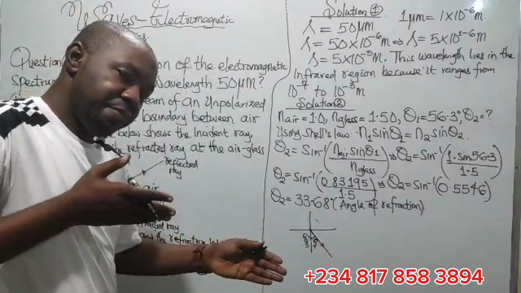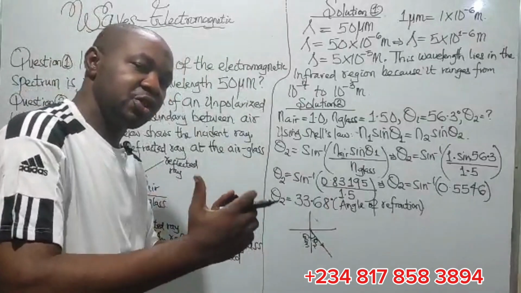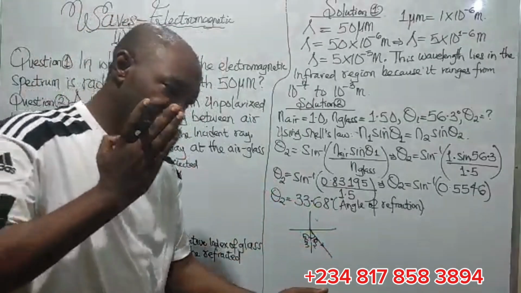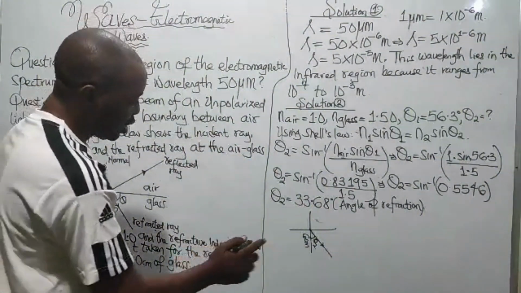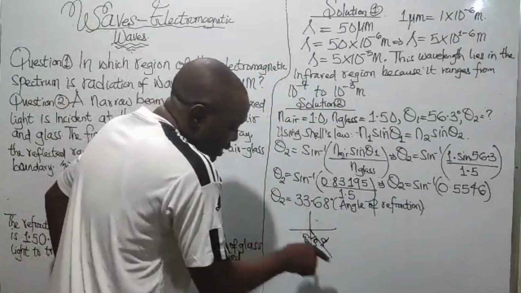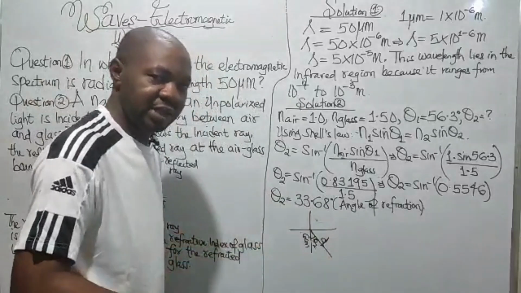Because when the light passes through the glass, glass is a transparent material, you understand? So the light will pass through the glass. So we need to first calculate the distance traveled by the refracted ray.